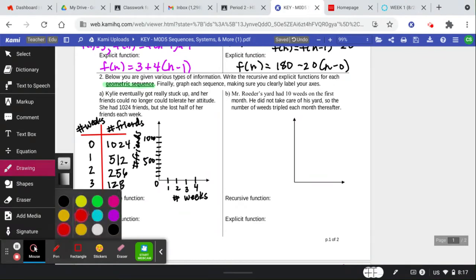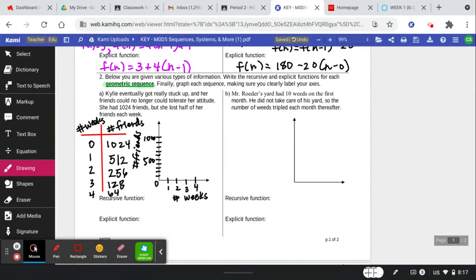So here I go. Let's put the first dot at 0, 1,024. 1, 512. 2, 256. 3, 128. And 4, 64. Notice that curving line that's going down.